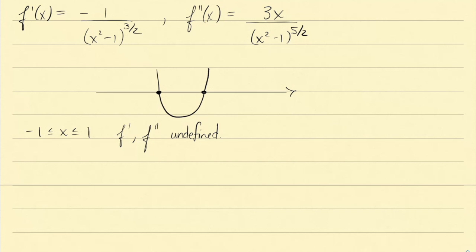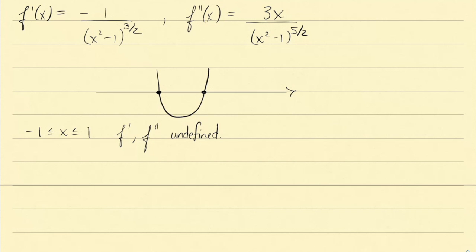So our next observation is if we want to find out where we are increasing or decreasing, that's going to be determined by the sign of the denominator. Wherever the denominator is actually defined, that's to the left of -1 or to the right of +1, x squared minus 1 is a positive function.